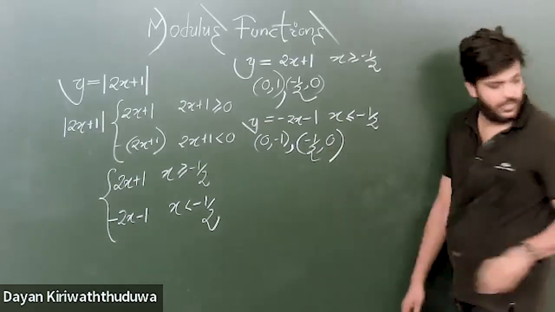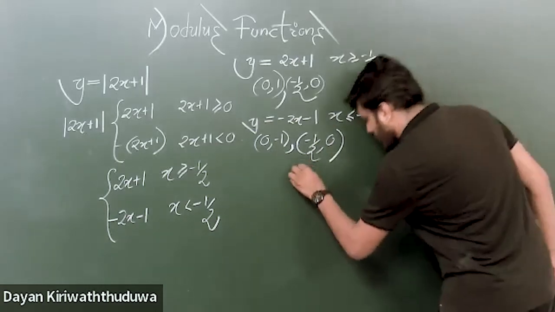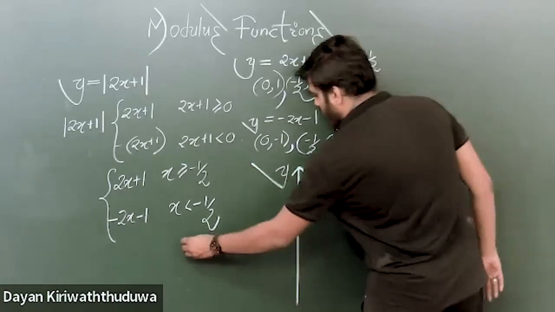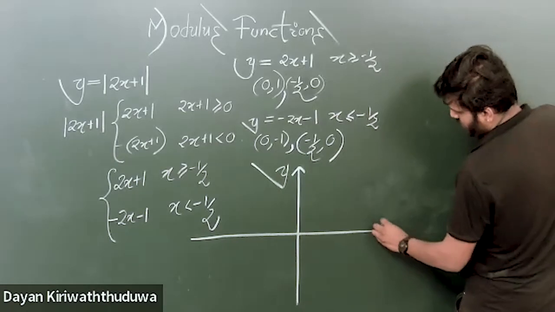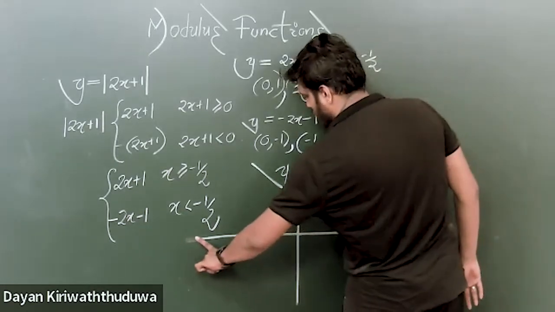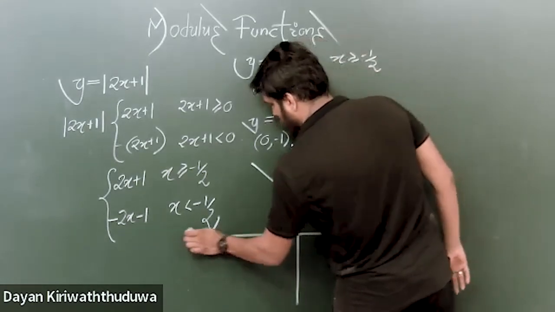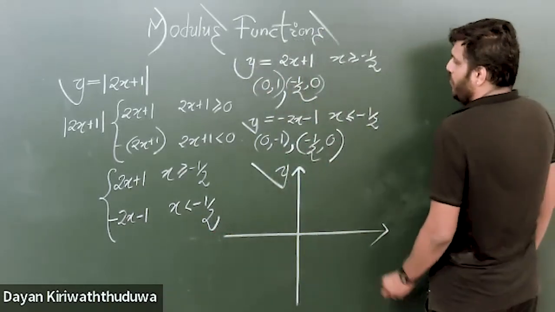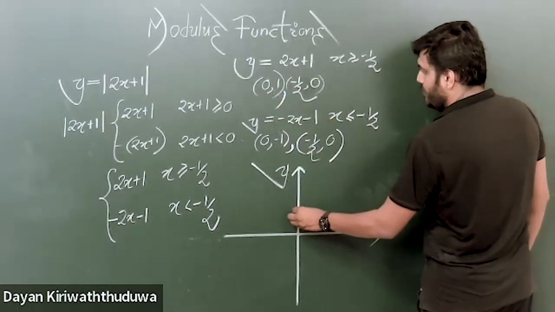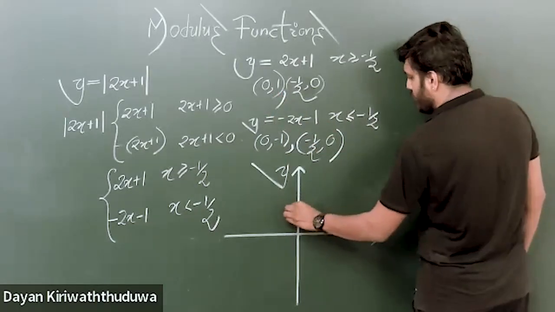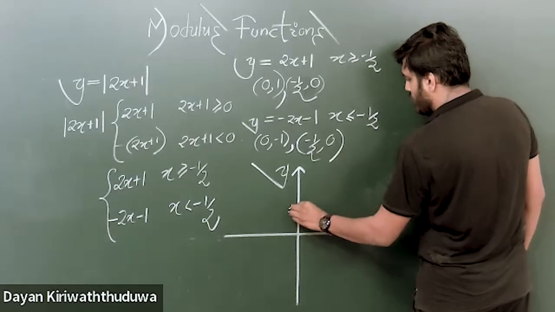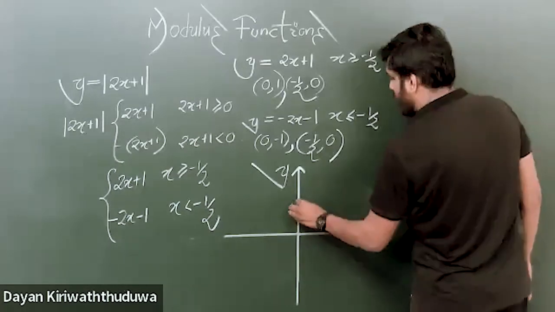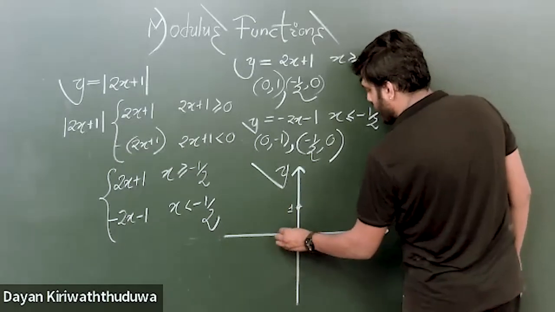So now you can sketch. Very simple. So we have the y-axis and we have the x-axis. When x is 0, y is plus 1. And then we have x being minus half and y being 0. So somewhere here.